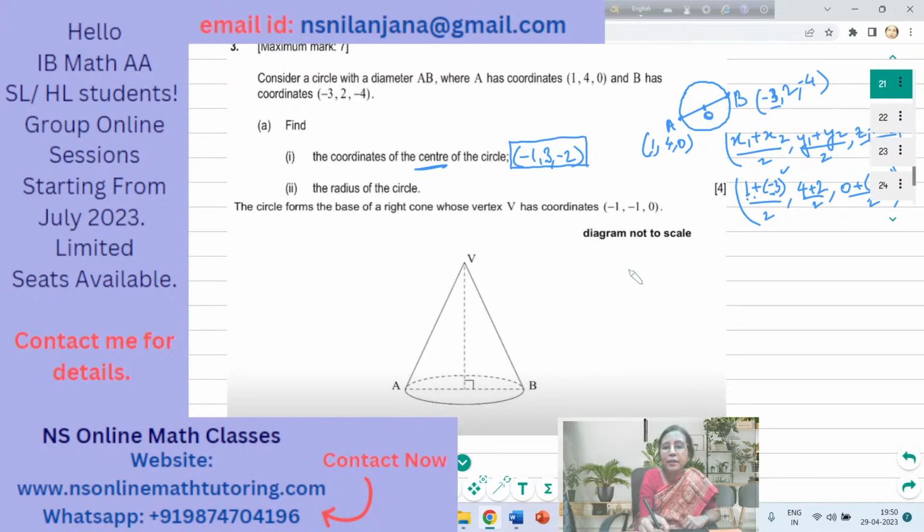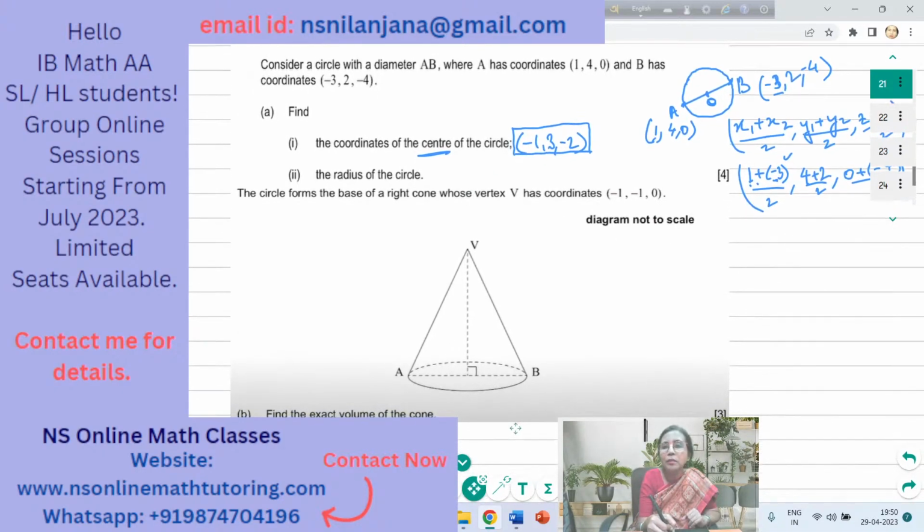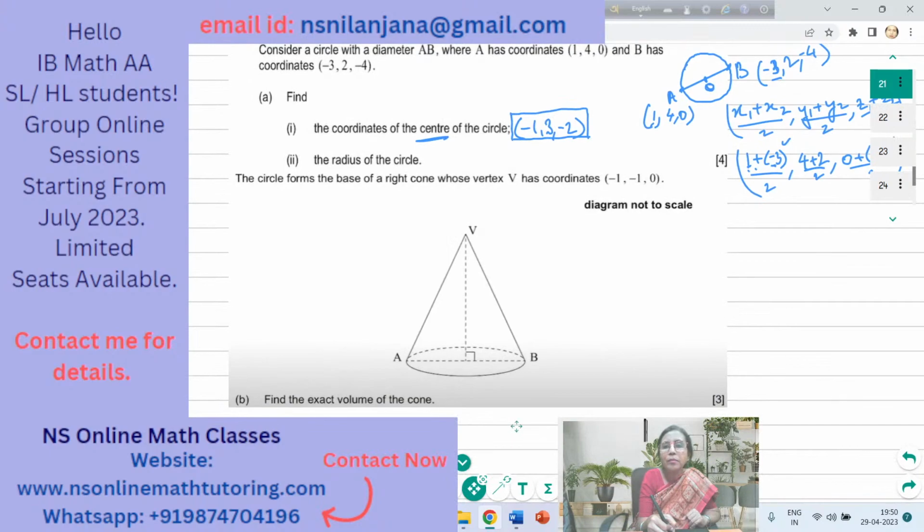Okay, let us get the radius over here, and for the next subpart, I'll be doing it below, because I just want to keep the question and my working visible at the same time. Now, since they are asking for the radius, it will be the distance formula obviously.